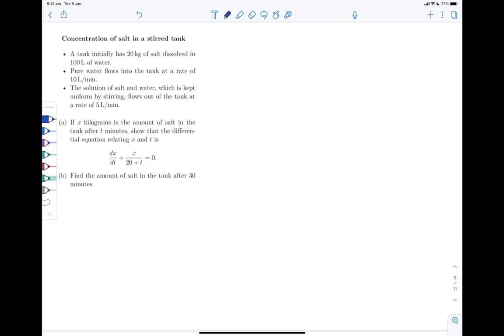All right. So I'm just going to draw a... Right, so we've got 100 litres, well, we've got 100 litres initially. We've got 10 litres a minute coming in, and we've got 5 litres a minute going out.